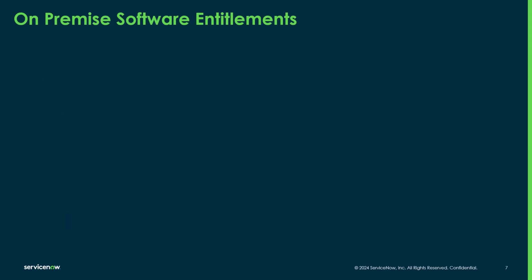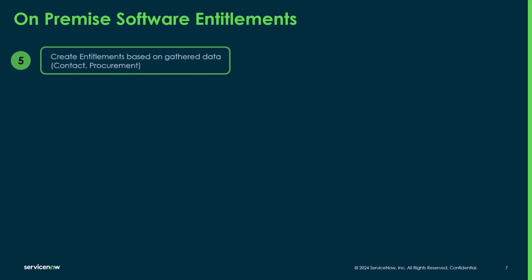So now let's talk a bit about on-premise software entitlements. What do you do once you've obtained that contractual information? I'm going to create those entitlements in ServiceNow based off that contractual data. As I mentioned, this establishes the baseline for the product. So as of this date, I had a contract for this many entitlements, and I'm going to put those entitlements in the system and establish that baseline.